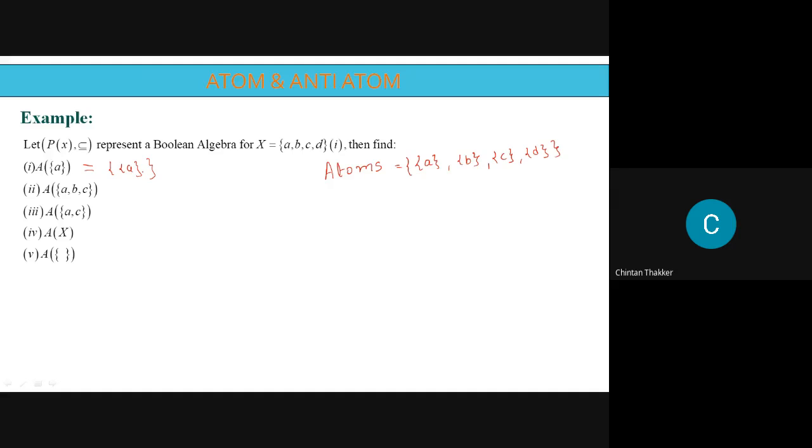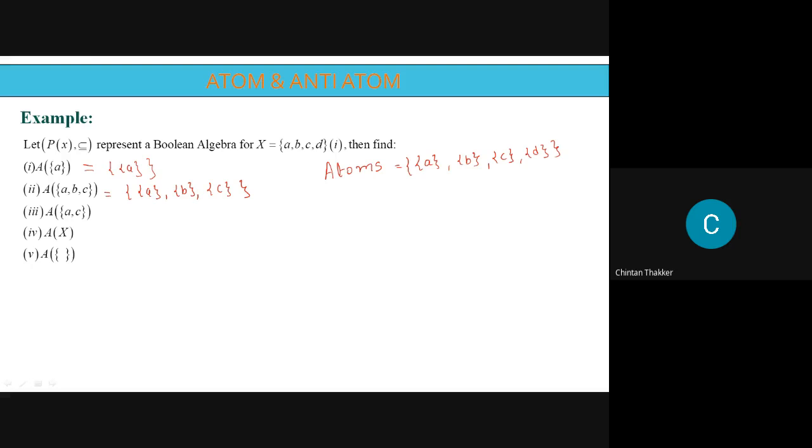So we have singleton A. Then for A, B, C, we have three: singleton A, singleton B, singleton C. Similarly, AC: singleton A and singleton C.